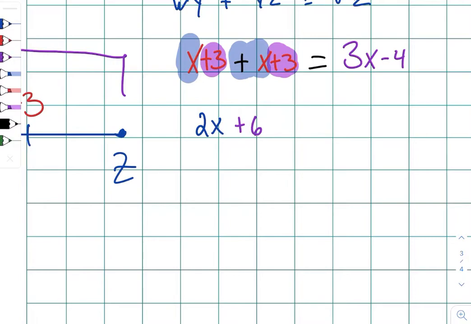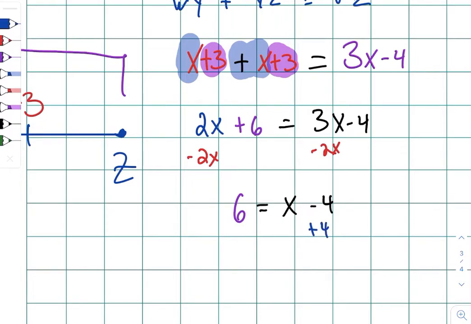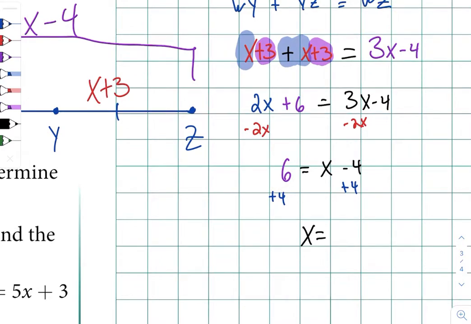The right side hasn't changed yet, so that's still equal to 3x minus 4. I want all the x's on one side, so I'm going to subtract 2x on both sides. That leaves me with 6 equals x minus 4. Add the 4 to both sides, and we get x equals 10. 6 plus 4 is 10.